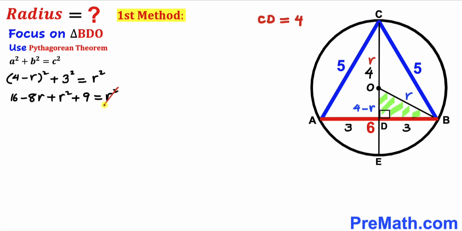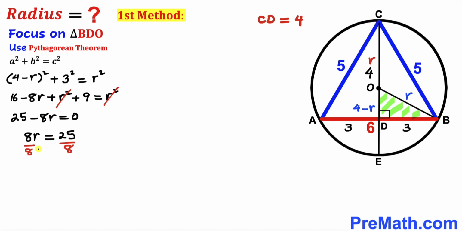Here we can see r squared and r squared are gone, so we combine like terms. We get 25 minus 8r equals 0. Now I'm going to move this 8r to the other side, so we get 8r equals 25.